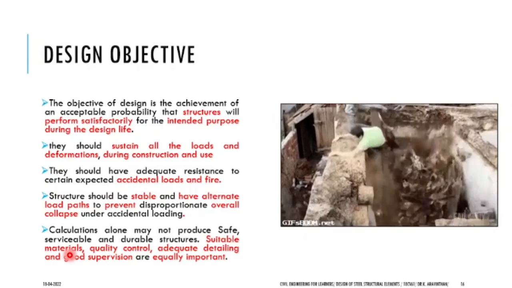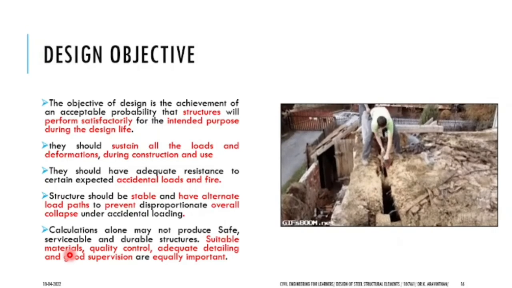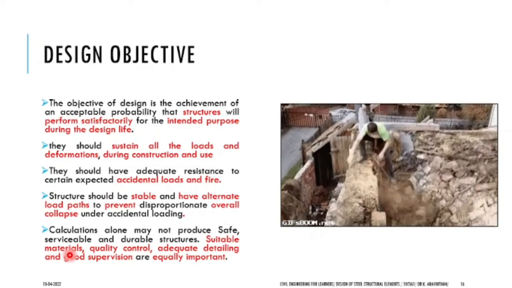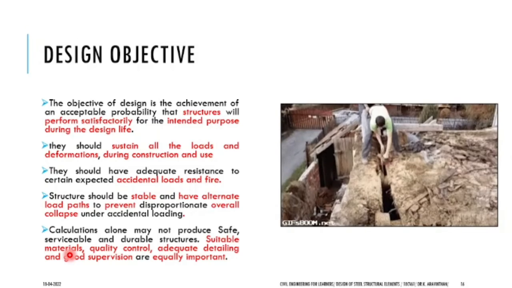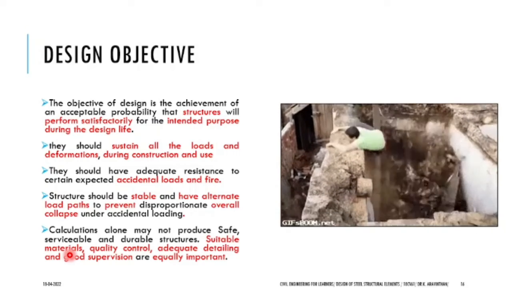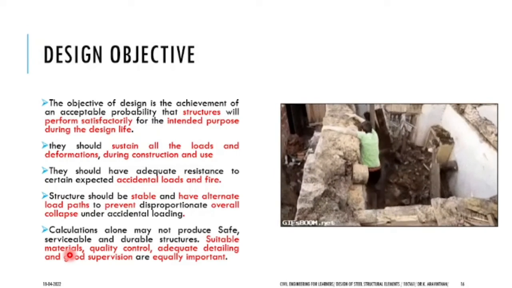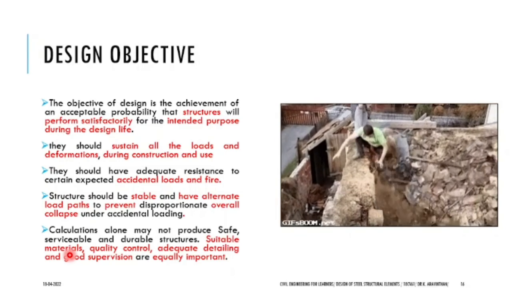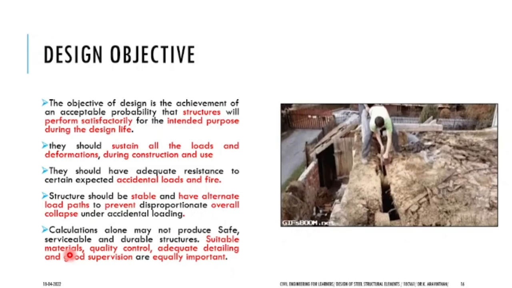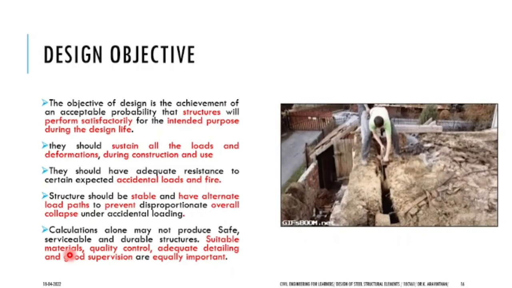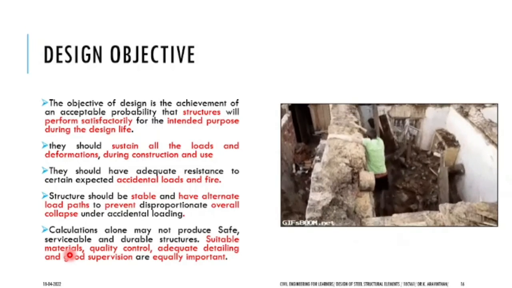But OPC 43 grade is 350 rupees, PPC grade is 300 rupees. When you are going for purchase, the design engineer will not go, the site engineer will go. He will go to the purchase office and look at 330 rupees and 300 rupees. He will purchase PPC and start his construction.